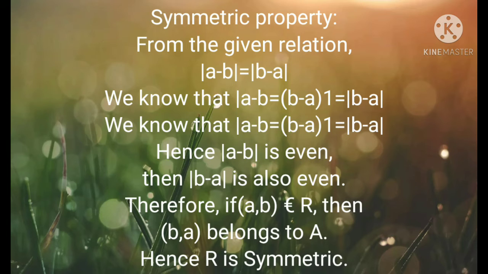Hence, if a minus b is even, then b minus a is also even. Therefore, if (a, b) belongs to R, then (b, a) belongs to R. Hence, R is symmetric.